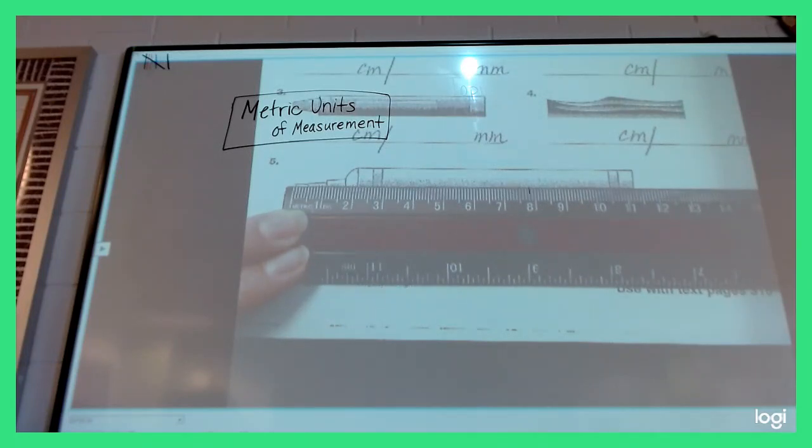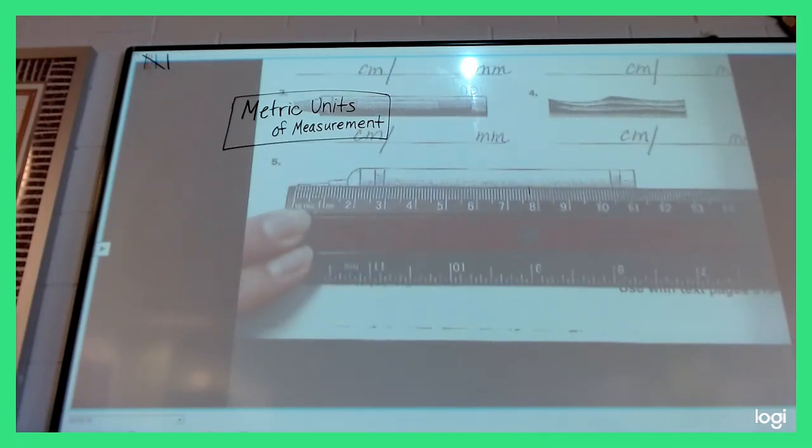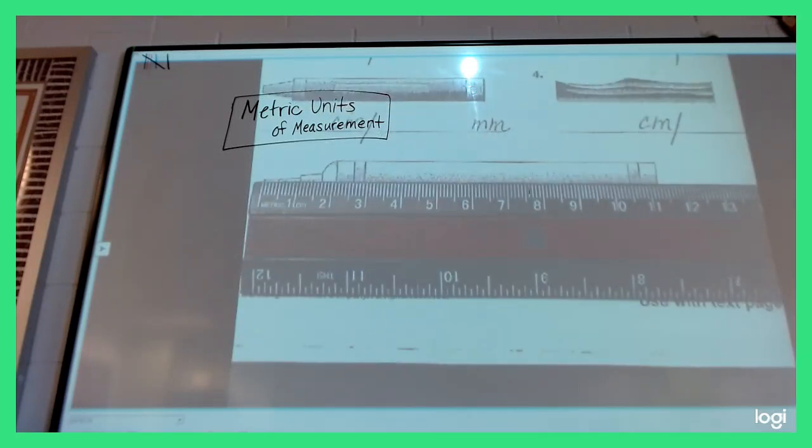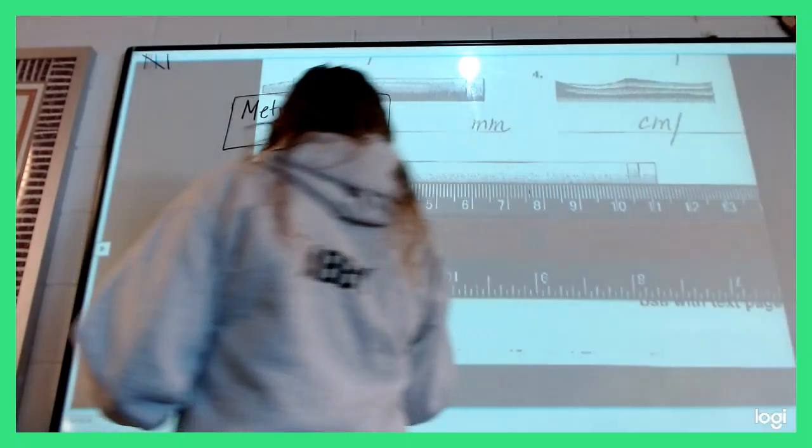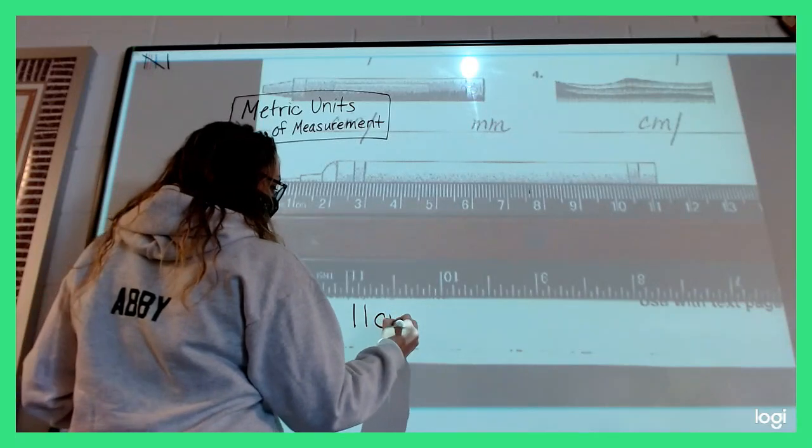Make sure it's even. Okay, so first, to the nearest centimeter, how long is that marker? Which centimeter is it closest to? Zoe? 11. So you can't see my answer blank, but it is closest to 11 centimeters.